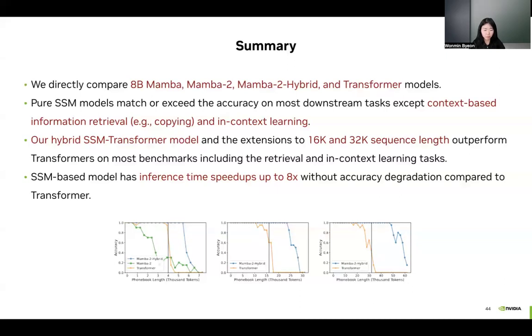Our hybrid model and the extensions to 16K and 32K sequence length outperform the transformers on most benchmarks, including the retrieval and in-context learning tasks. We also show that this SSM-based model has inference time speedup of up to 8 times without any accuracy degradation compared to the transformer.